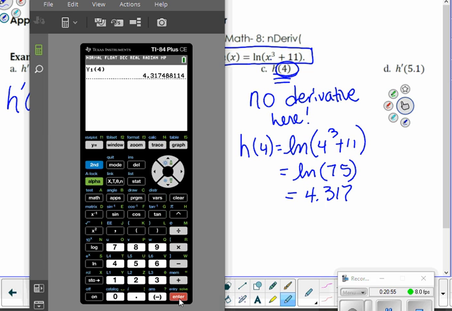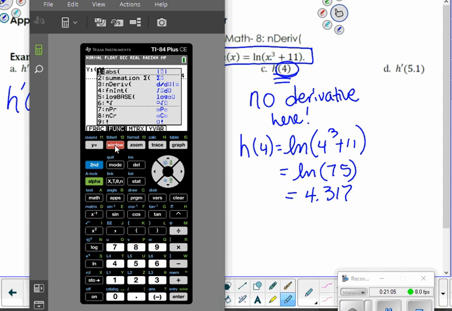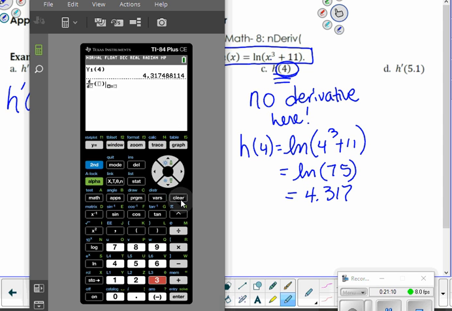So now we're coming into h prime of 5.1. Well, I've got it stored in y1, so I'm going to make use of that. Another option besides alpha window option 3 is math option 8. So depending on where you like to look at it, suit yourself which method you use to find the derivative. I'm going to go d dx.